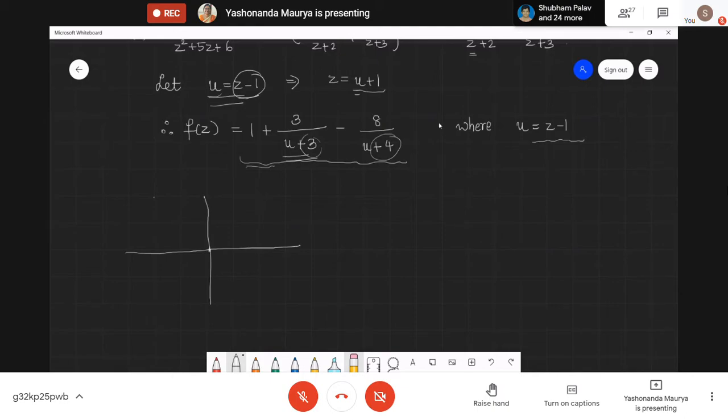So we'll mark those points. Suppose u equal to -3 is at this point and u equal to -4 is this particular point. Now keeping the origin at the center, we'll draw the circles which will pass through these points. So it will be this particular region, this circle I will get. Similarly, here when we draw the circle, it is this way.